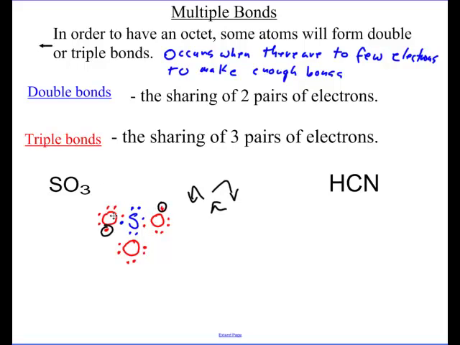So I'm just going to redraw it. Actually, that'll be better. I'm going to put sulfur here, okay? And I'm going to bond it with a double bond to an oxygen. Well, all I've done is I've taken this electron, I've put it right there, and I've taken this electron and put it right there.